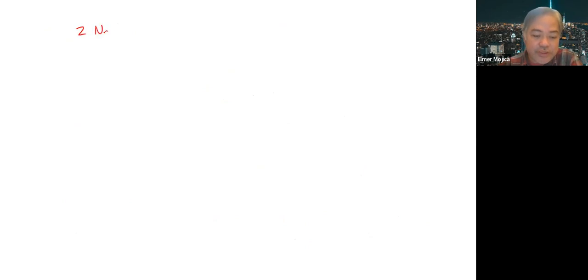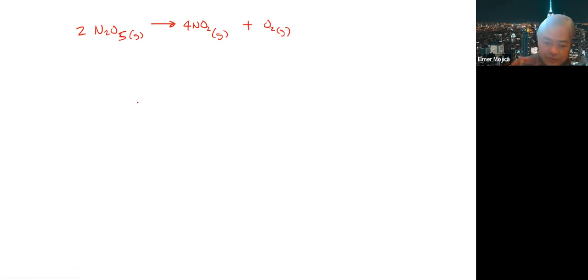Gawin natin specific. N2O5 producing 4NO2 plus oxygen. So if ever at a particular instance, meron kang 4.2 times 10 to the negative 7 molar per second.